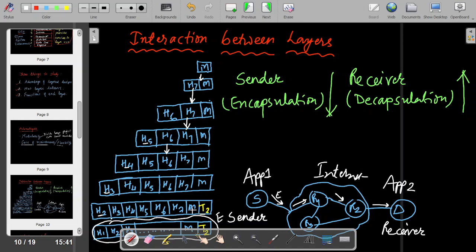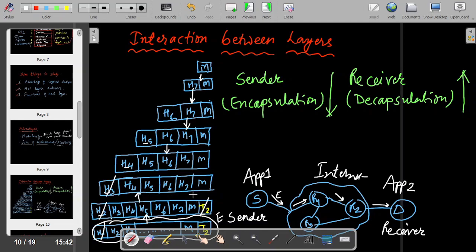At the destination, this E reaches the physical layer and is received. The physical layer removes header H1 and gives the remaining thing from H2 to T2 to the data link layer. The data link layer removes header H2 and trailer T2, and gives H3 to M to the network layer.